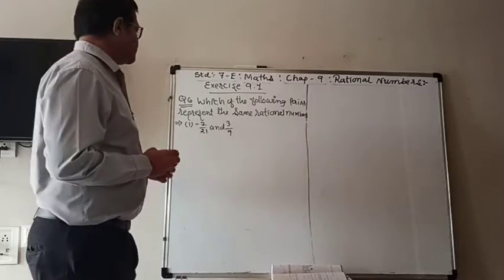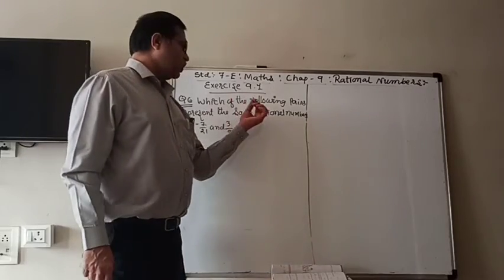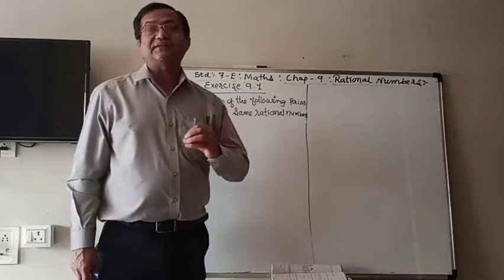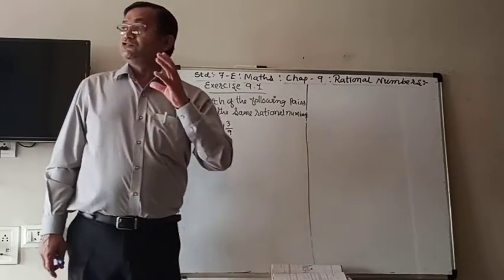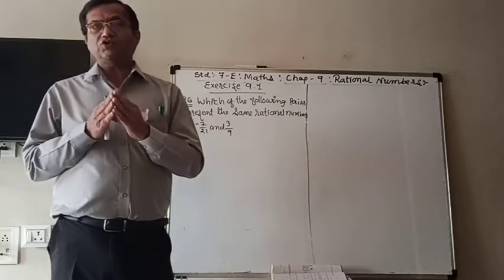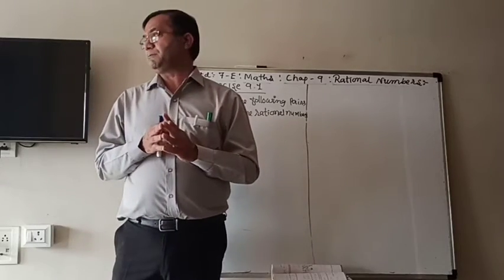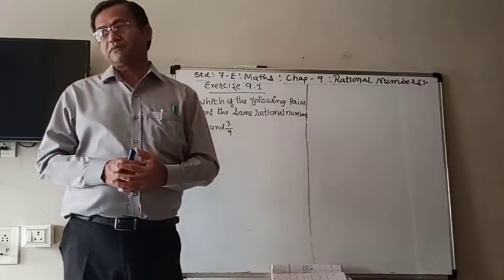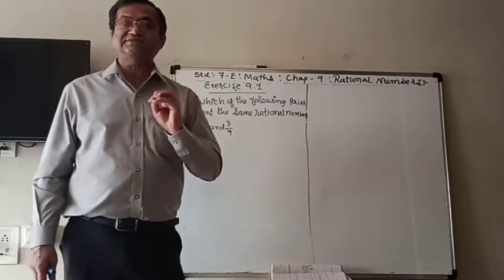Now question number 6. Which of the following pairs represent the same rational numbers? So here, first of all, what we have to do? We have to convert both of them in their standard form. But before that also, first check the sign.